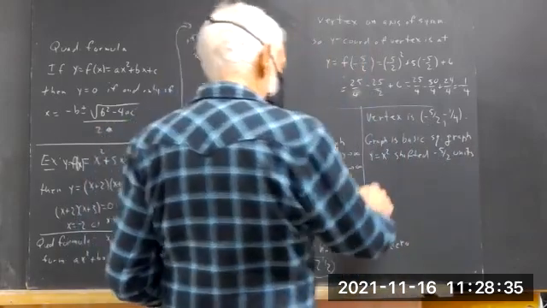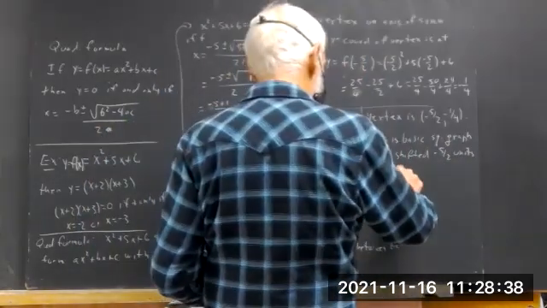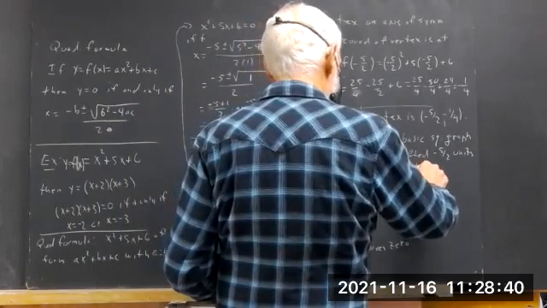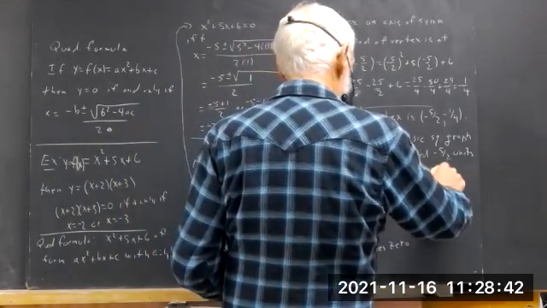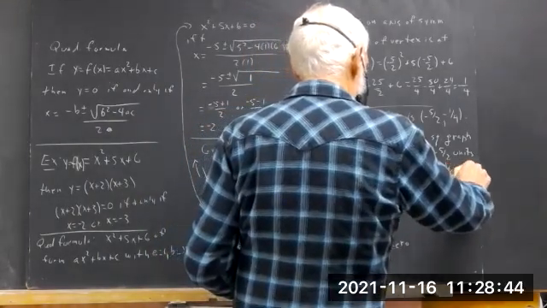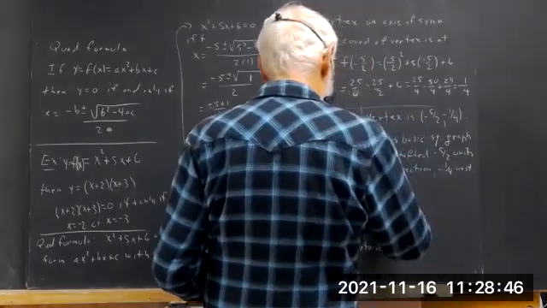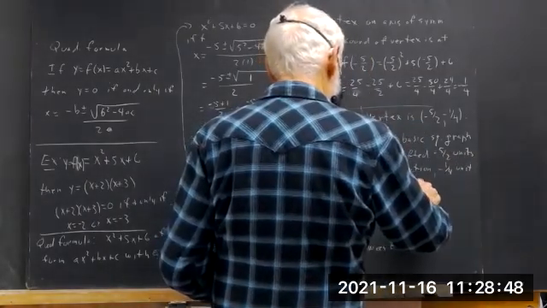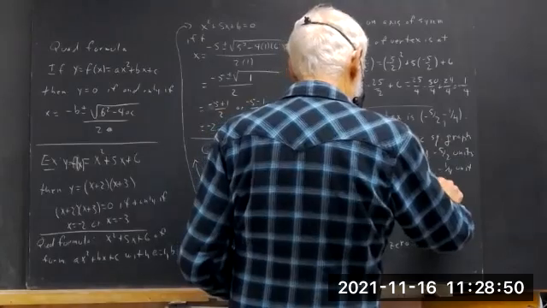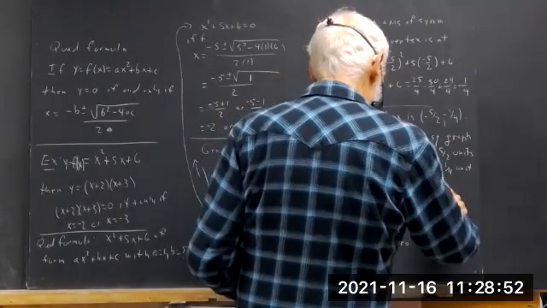Shift negative 5 halves units in the x direction. Negative 1/4 unit in the y direction.